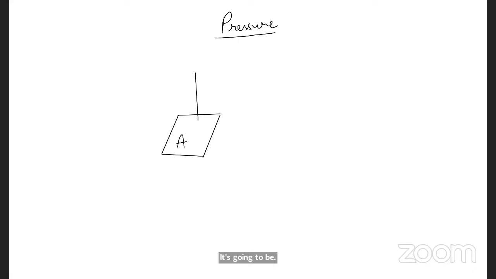Like this, perpendicular on the surface. This is force. Now the formula for pressure, therefore: F is force and A is the surface area. So pressure is equal to force upon area.